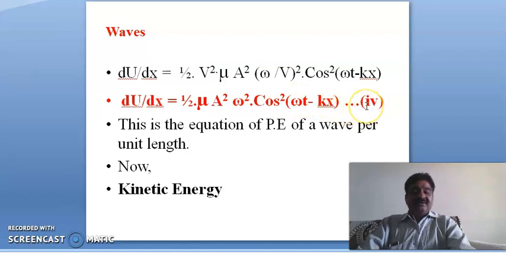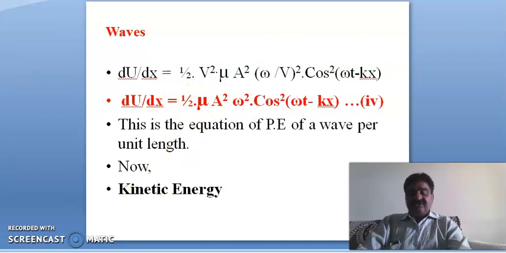Let this be equation number 4. This is the equation of potential energy of a wave per unit length, in terms of cos square and omega.